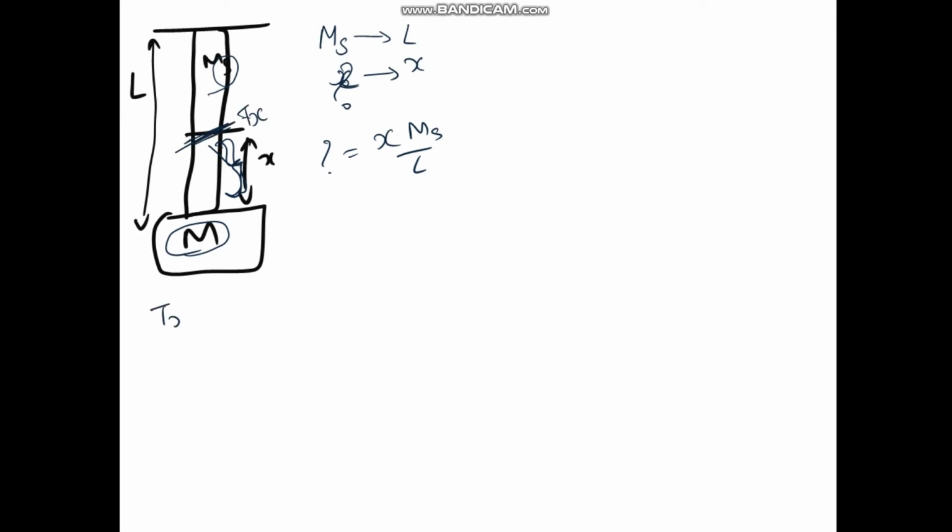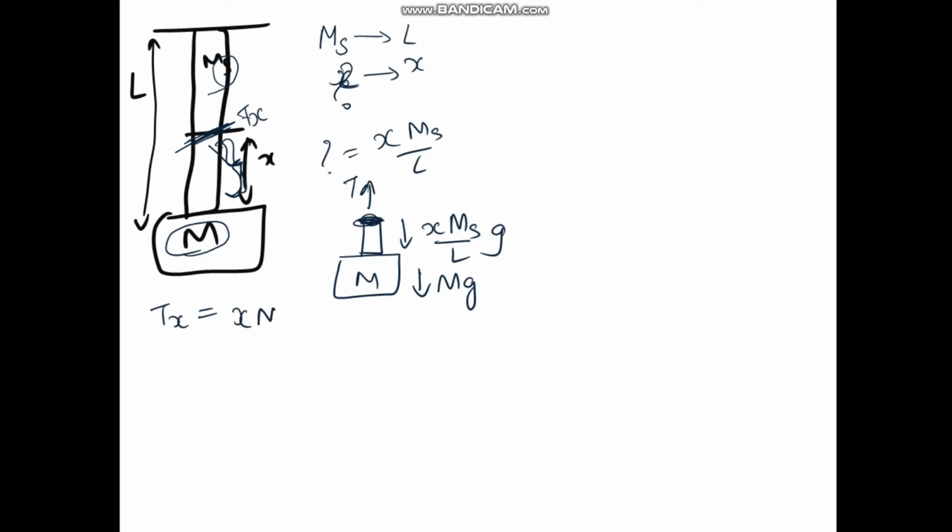If the system is stationary, then at this rope the downward gravitational force is x ms by l into g, and there is one block of mass m whose gravitational force is mg, and tension is upward. So tension is equal to x ms by l into g plus mg. Upward force is equal to downward force.